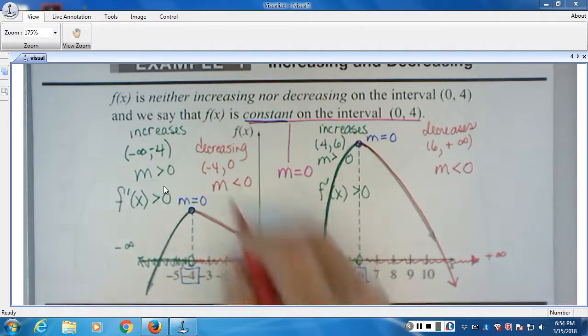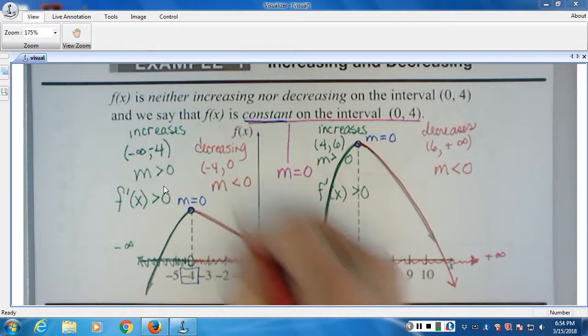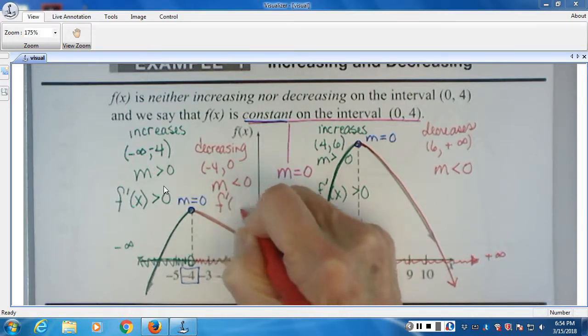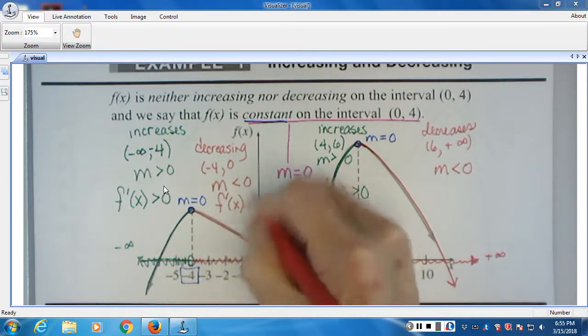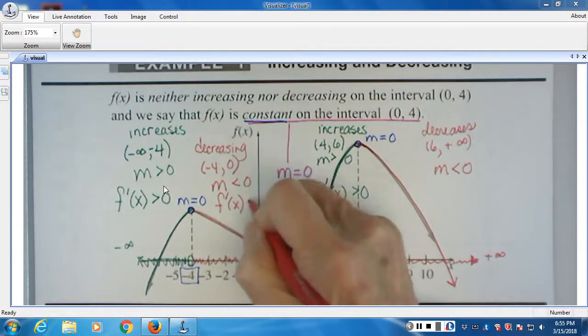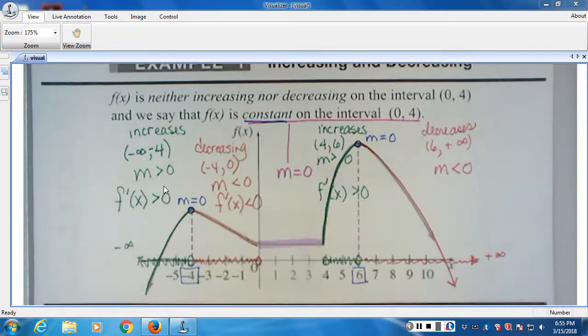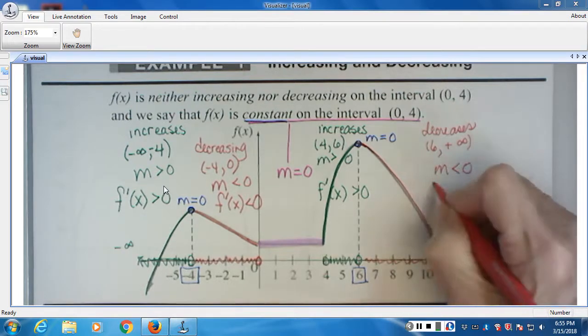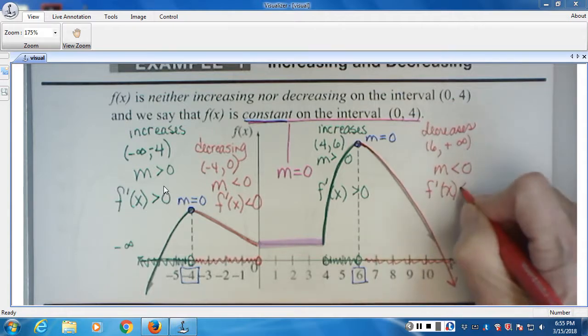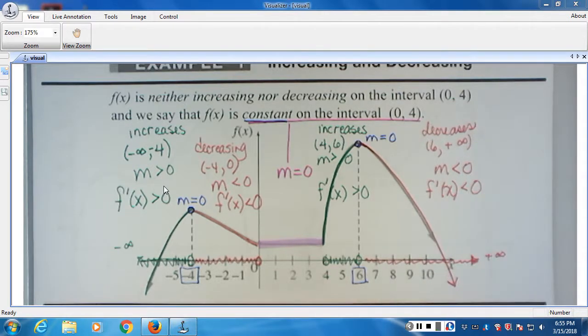Since the derivative is the slope, the value here of the derivative on this whole interval, -4 to 0, is going to come out to be negative. Because the slope is negative, that means that the derivative is also negative.